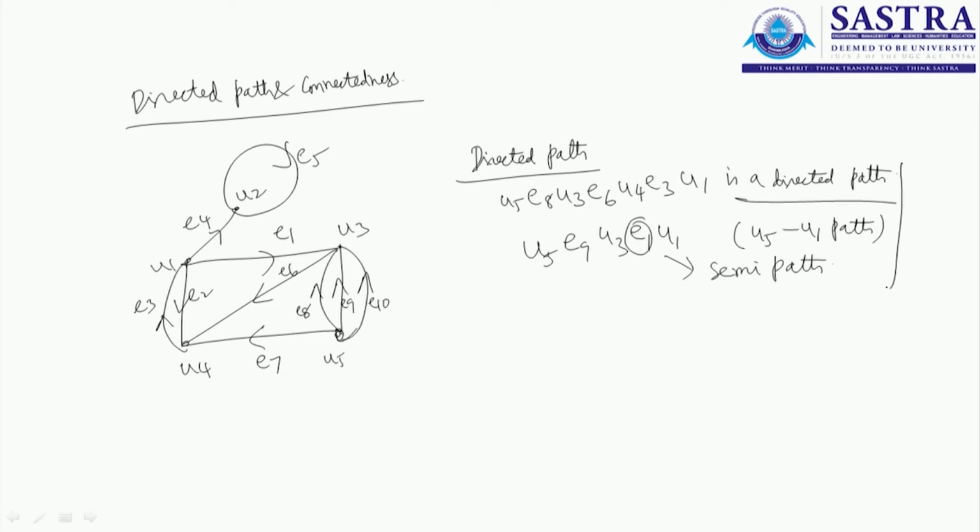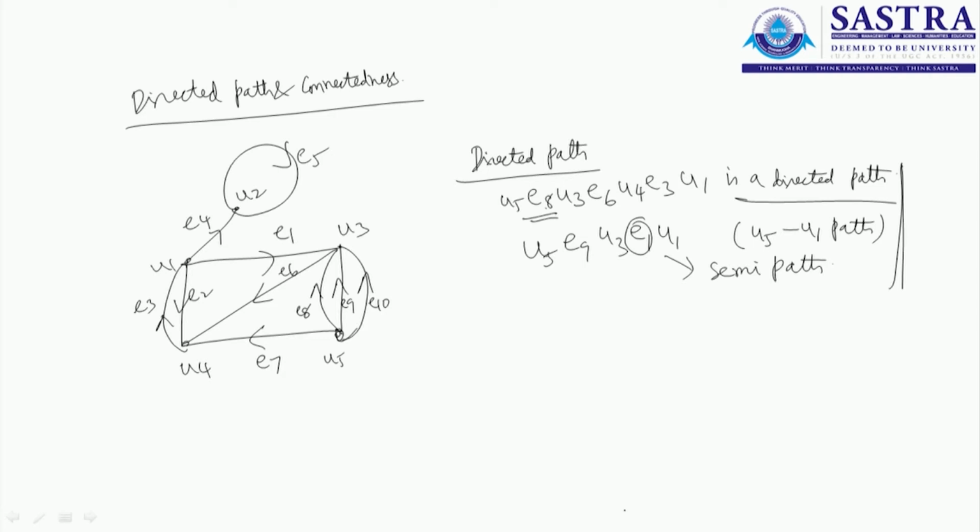So now in the case of a directed graph, you have two types of paths. One is called the directed path, where the directed path is a sequence of vertices and edges, whereas the edges should follow a direction. If I take E8 which is given here, the tail of E8 should be U5 and the head of E8 should be U3, or from U5 I have to move to U3 through E8.